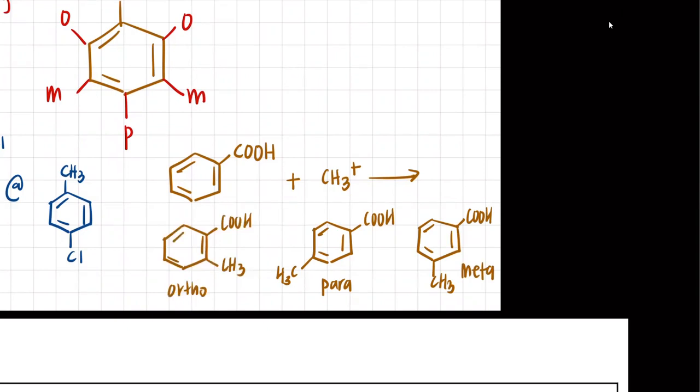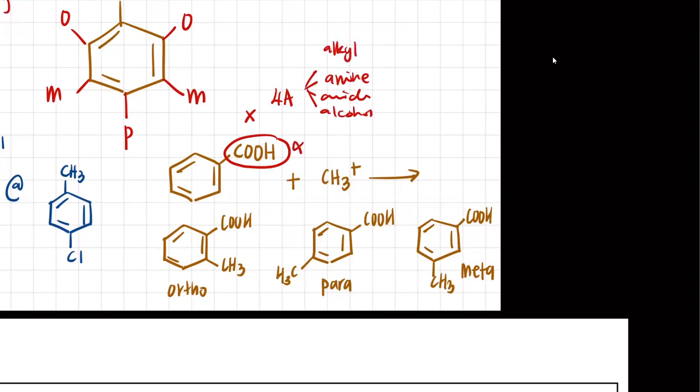For these questions, which one do you think will be the correct answer? Yes, finally, it's meta. Why is it meta? Because we are looking at the substituent group on the benzene ring. This COOH is not in your 4A list. Always remember 4A: amine, amide, alcohol, and also alkyl groups.